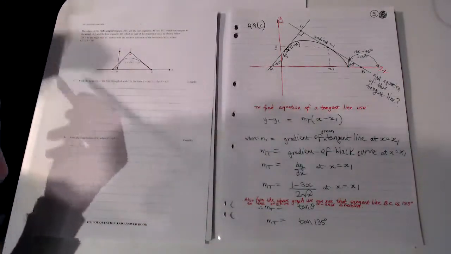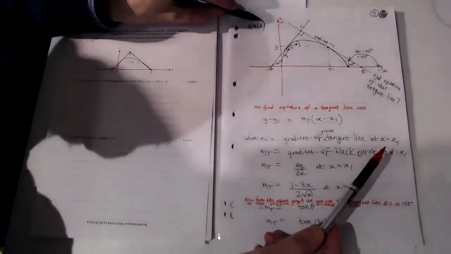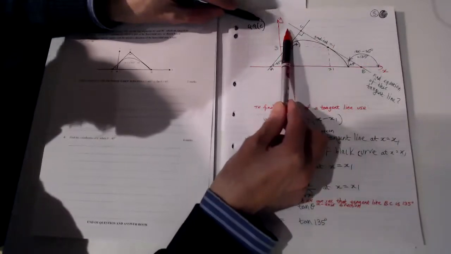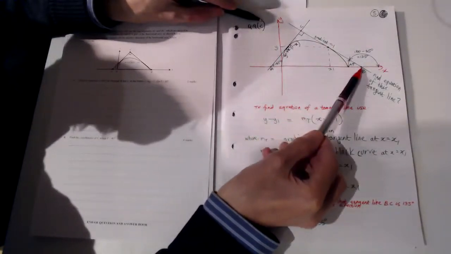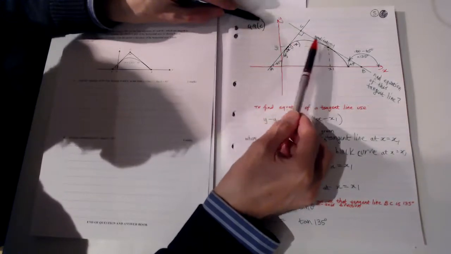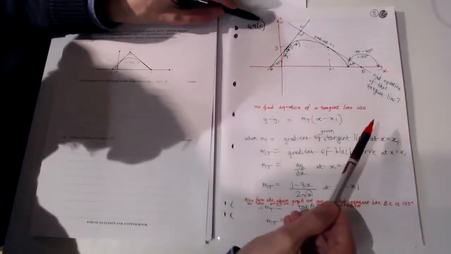Now, in this question, in the final analysis, they want you to find the equation of that green tangent line BC. How do you find the equation of that green tangent line BC?